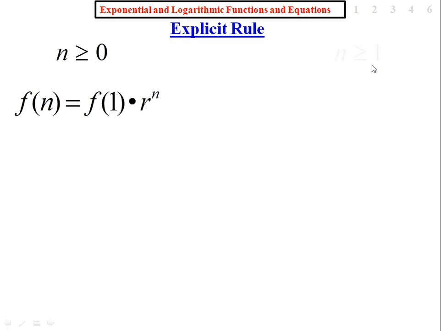However, if it's starting with term number 1, we start with what? f of n equals f of 1 times r to the n minus 1 power. And obviously we see the difference from here to here. The only difference is that if it starts from term 1, we always go with n minus 1 as the exponent for r. And if it starts from term 0, it's only n.